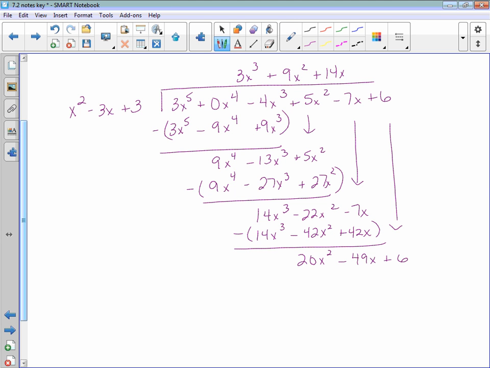This one has some decent sized numbers. It's 5 times 3. 20, forget it.